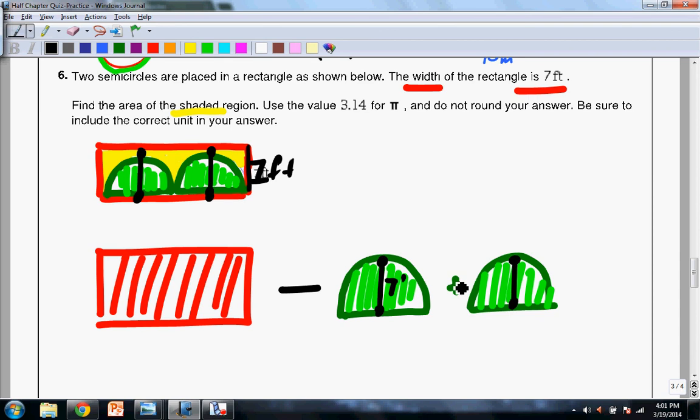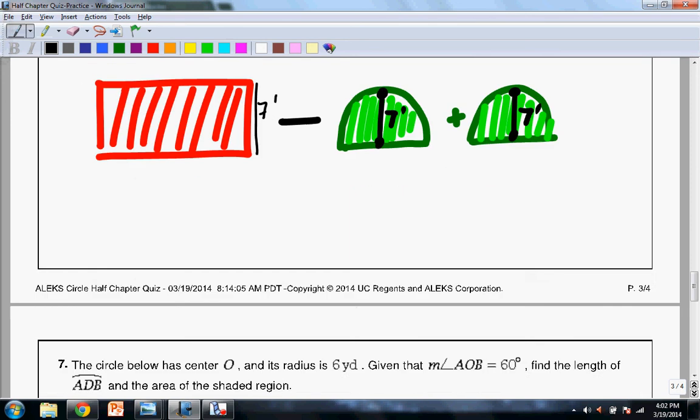So that is 7 feet. That's a radius of a circle. And if we go this way, that's also 7 feet. So you need to use that information, find both the length and the width of the rectangle, the area of the semicircle, subtract, and get that shaded region.